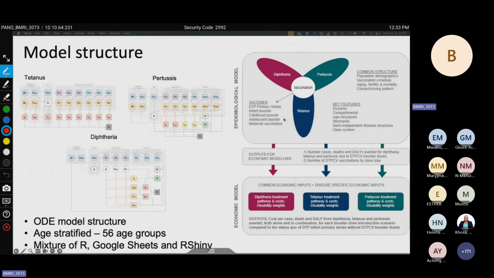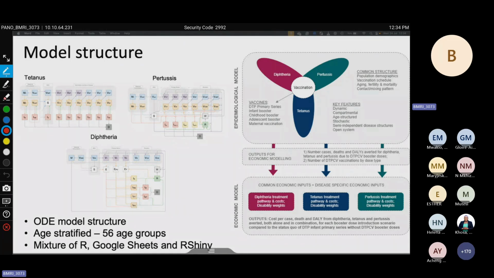It has to include things like your fertility rates, contact and mixing patterns. And then we take all of our disease outputs and vaccination outputs, and we link them economically to work out the economic case, to get costs of treatment, costs of vaccination, the cost of introducing the vaccine, your programming budgets, and so on. And so, yes.